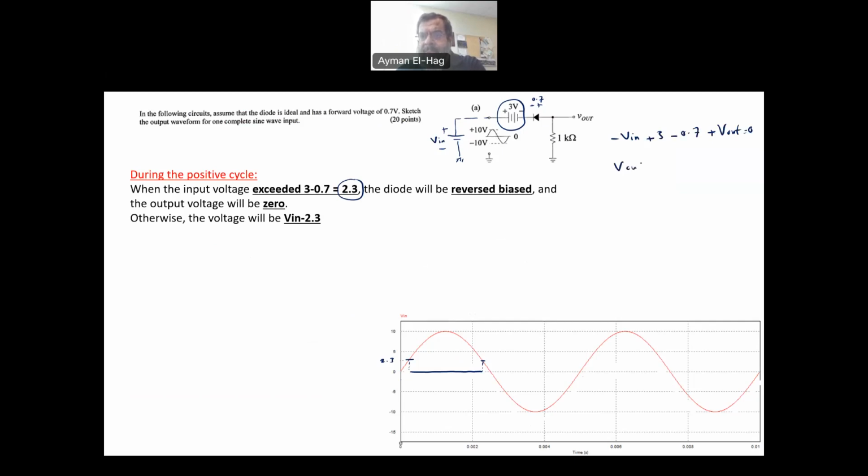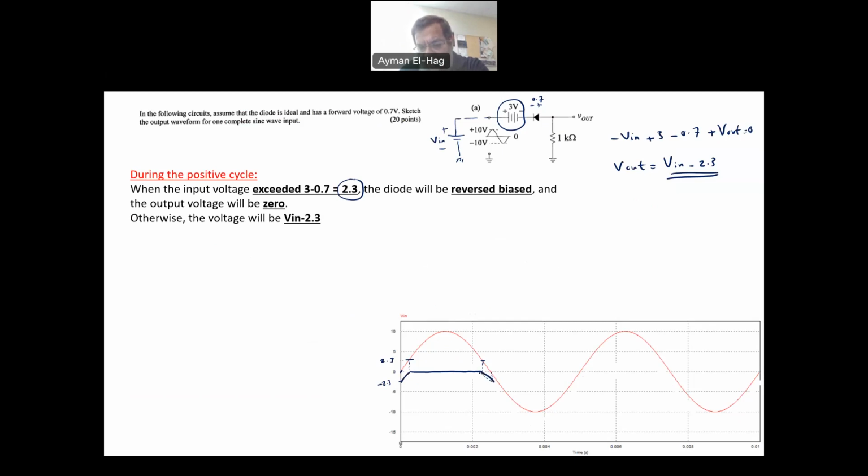So your Vout equals Vn minus 2.3. That will be your output. If Vn, for instance, is equal to 0, at the start here, then this will be minus 2.3. So it will follow the sinusoid here, and the same thing when it comes here until we reach the negative.